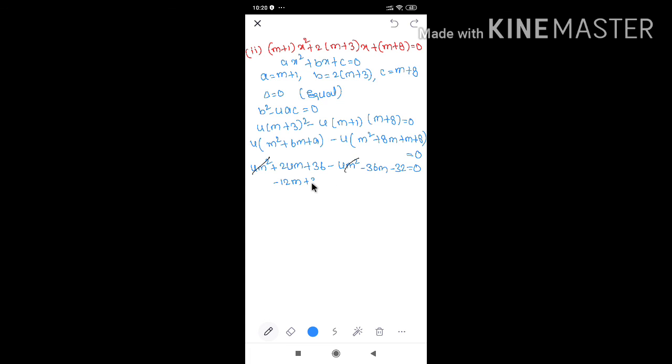Okay, right. So here plus 36 minus 4 minus 32 plus 4 is equal to 0. 12m is equal to 4 implies m is equal to 4 by 12, that is nothing but 1 by 3. Next question.